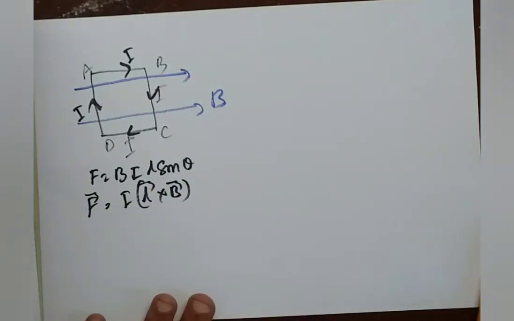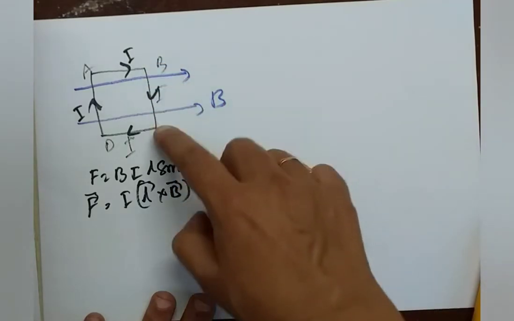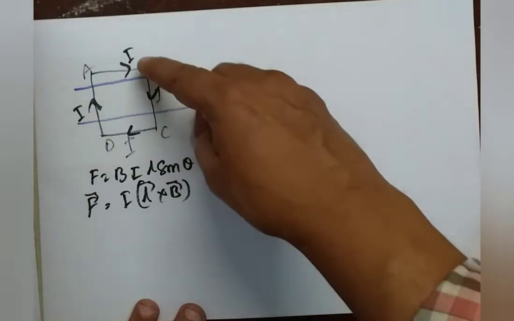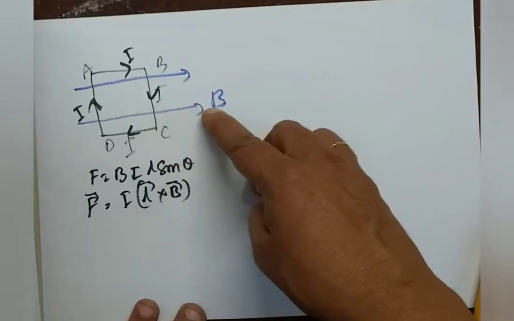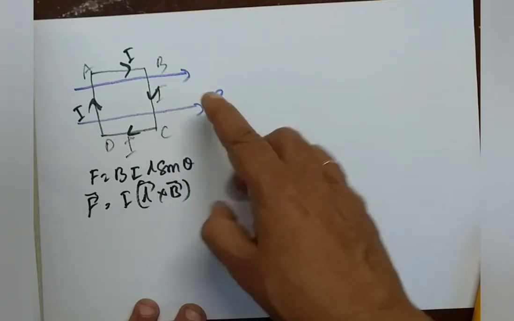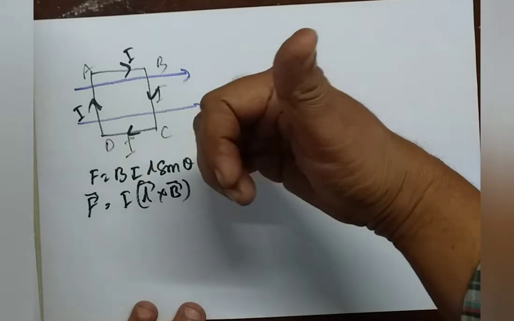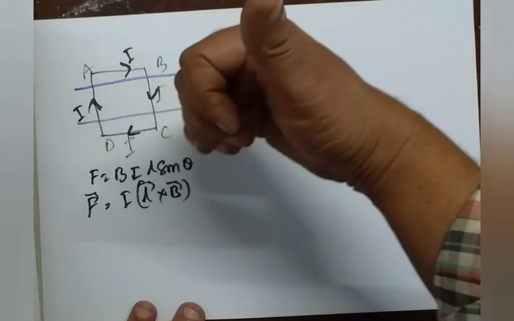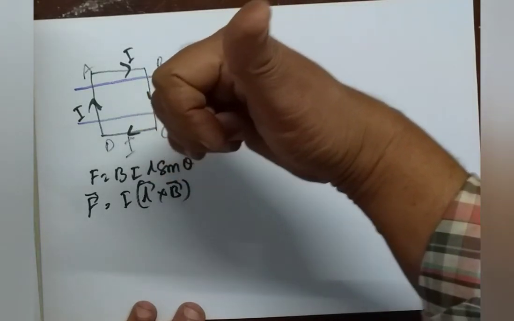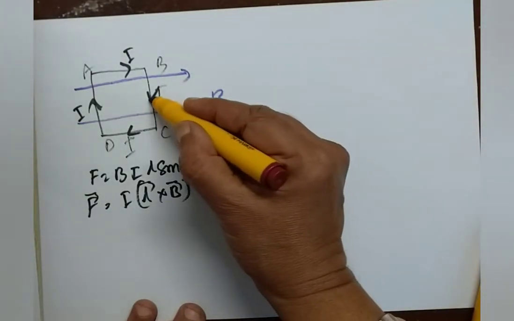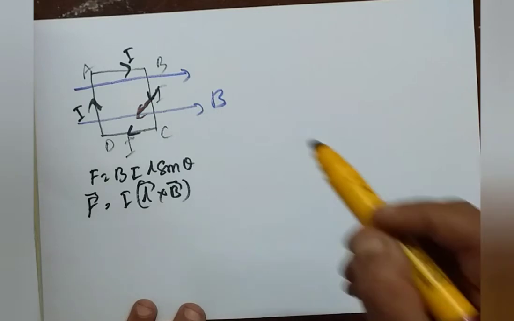But observe now, if you apply that for this BC side using Fleming's left hand rule or cross product rule, L is in the direction of current, B is this way. So L cross B, that means L to B, the curling fingers of the right hand should turn, then the thumb gives the force. That means force is out of this board.